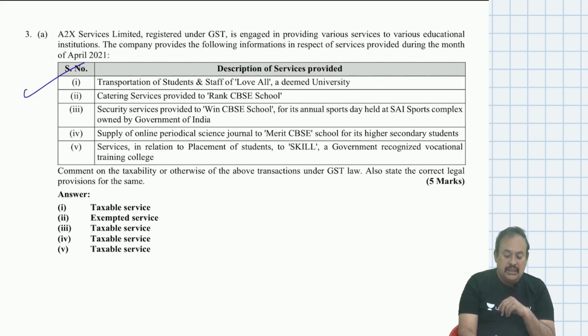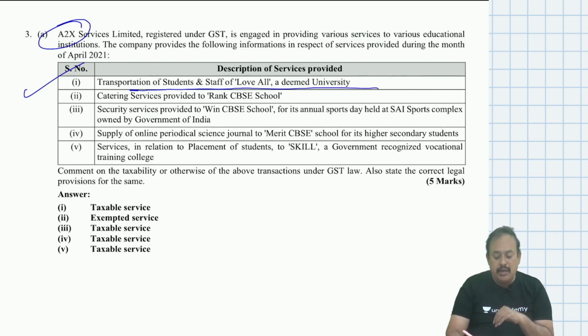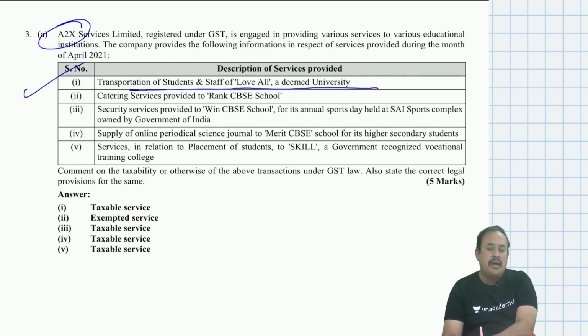1. Service provided by A2X Service Limited to school. Transportation of students and staff of Love All, a deemed university. Transport facility for students from preschool to higher secondary school, up to 12th standard only, qualifies for exemption.